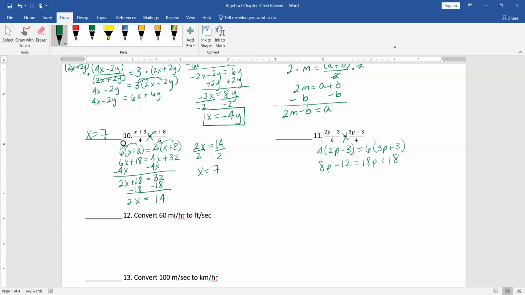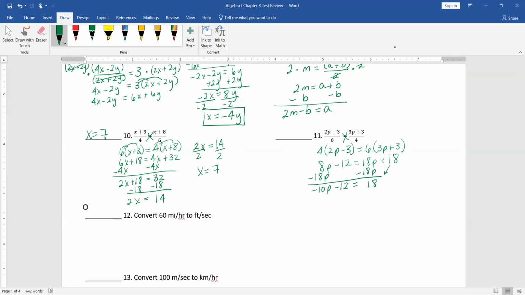Okay. All right. So we need to get both of our terms with variables to the left side of the equation. So I'm going to subtract 18p from both sides. So that becomes 0. So this just becomes 18. And then 8 minus 18 is -10p.